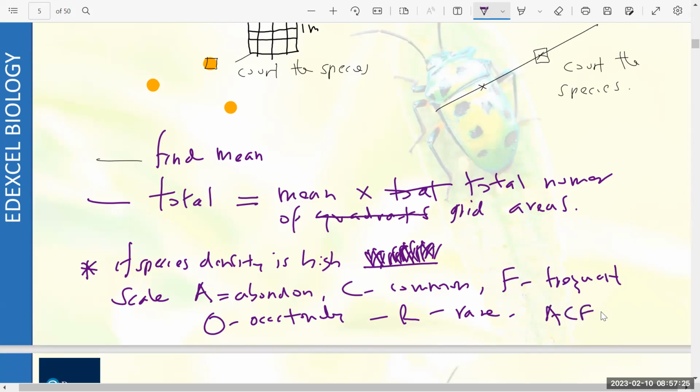It's called the ACFOR scale to count the number of plants. Like if there are so many plants in one place, we give the mark A, and if there are fewer, we give R. So then we can still give values after that.